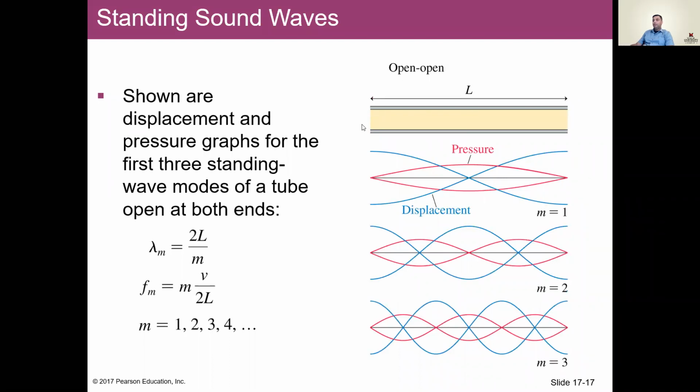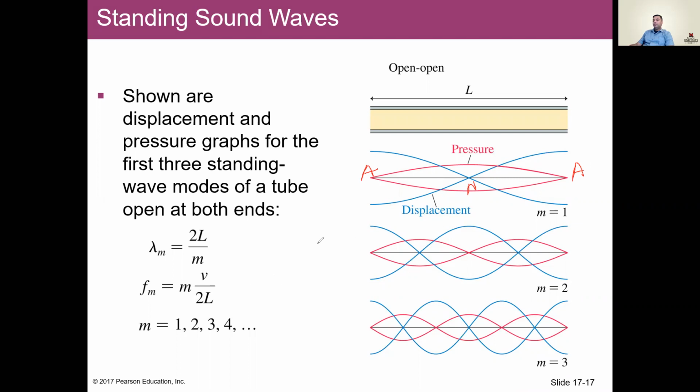So it's open and open, both ends are open. Think about a flute. In that case, you have displacement antinodes at the ends. You have one node, you have one antinode here, you have another antinode here. Two antinodes will also be separated by lambda over 2.